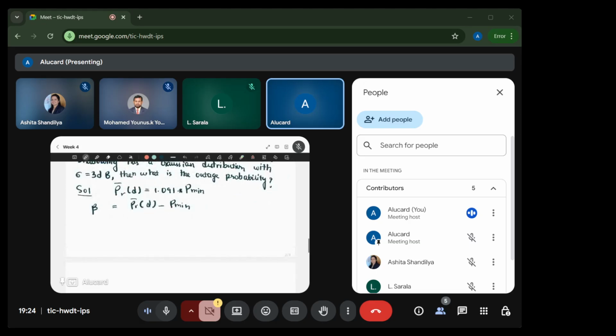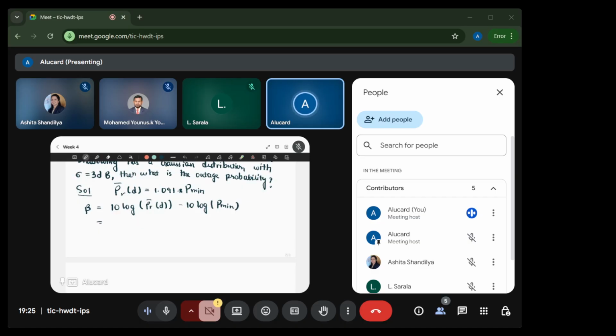Since we want the quantity to be in dB, beta is PR in dB minus Pmin in dB. So it's 10 log PR minus 10 log Pmin. So beta is in dB, that's why you have to take the received power and Pmin in dB.